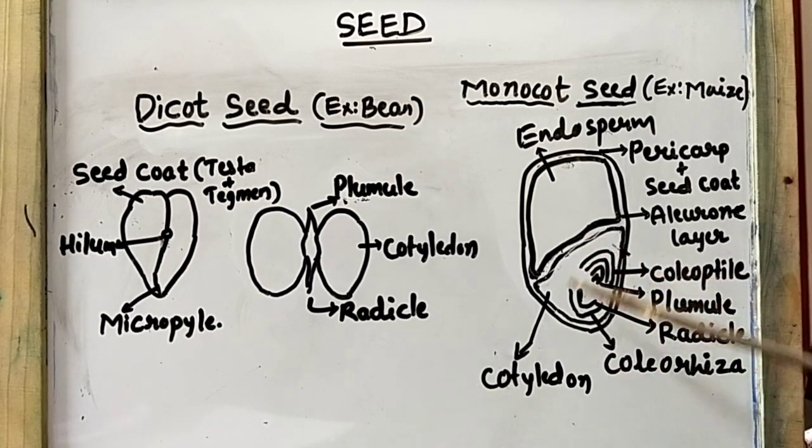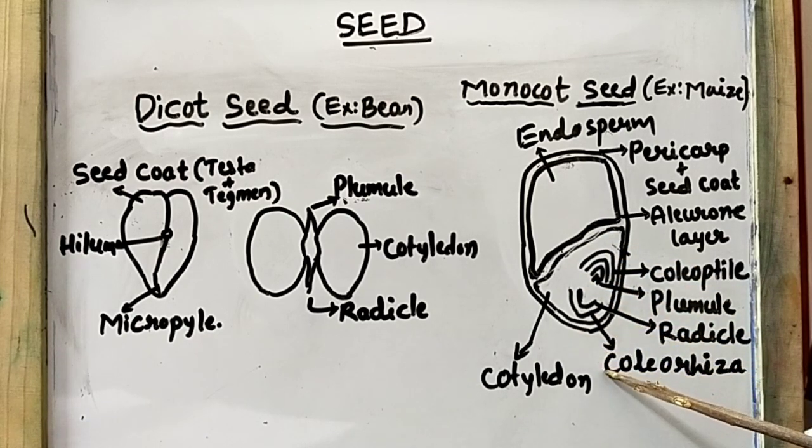On the upper side we can see the coleoptile, the sheath which covers the plumule, and the plumule is the shoot apex, or embryonic shoot. Later it develops into the shoot system.